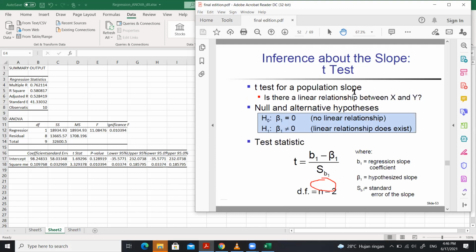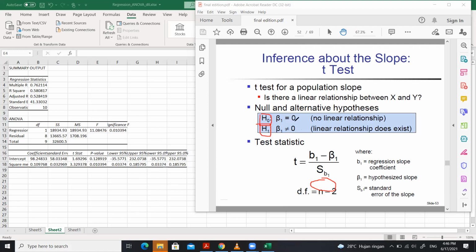Okay. And then once we arrive at the hypothesis testing, we state what is the null hypothesis and what is the alternate hypothesis. For example, the null hypothesis means that beta 1 becomes 0, and the alternate hypothesis is that beta 1 is not 0.